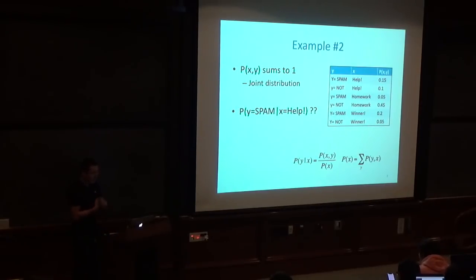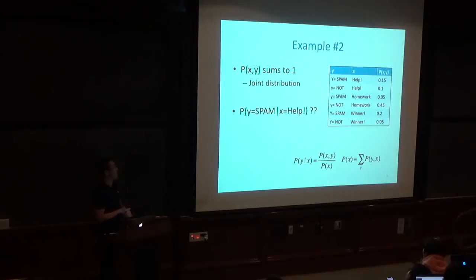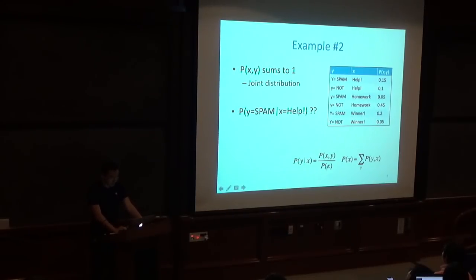Here's another example. Suppose that we know that for a given x, x equals help. Then we want to predict the probability that, conditioned on observing x equals help, y equals spam. What we do there is basically invoke the law of conditional probability.